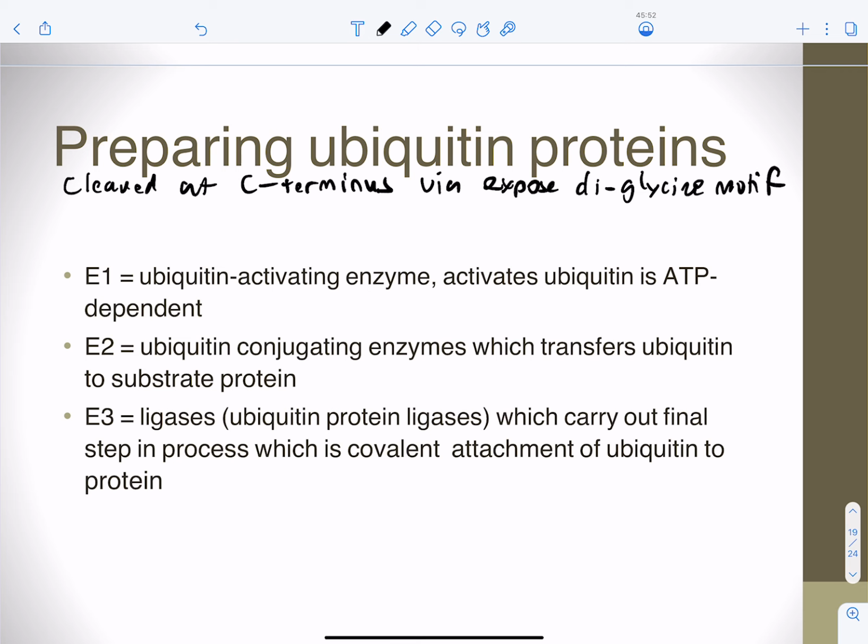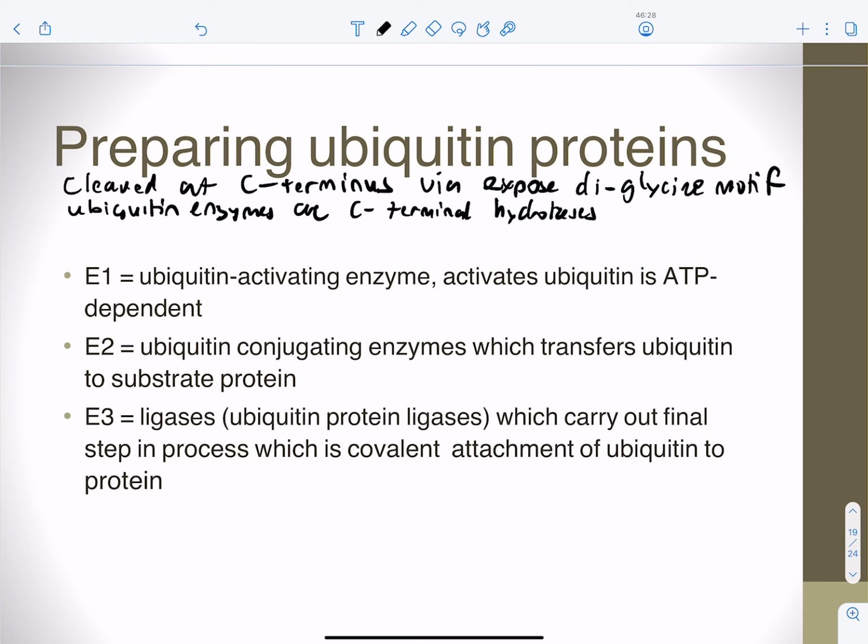Now, the enzymes are ubiquitin C-terminal hydrolases. Now, one thing to keep in mind with ubiquitin is that it was once thought that once a protein is tagged, it's always going to be degraded, but that's not the case.